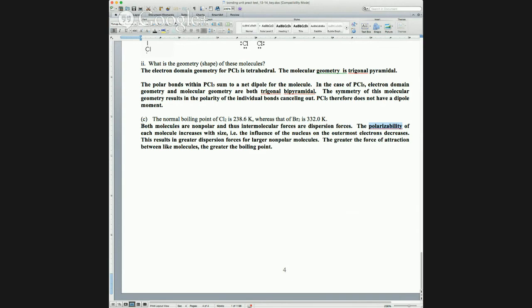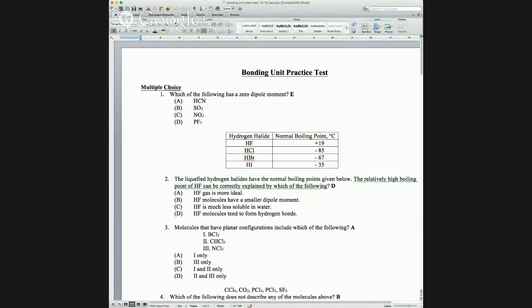The difference can also be hydrogen bonding. Looking at number 2 in the multiple choice, HCl, HBr, and HI. The boiling point is the highest for HI of those 3, because the size of I is so much larger. With I being so much bigger, its boiling point is larger.